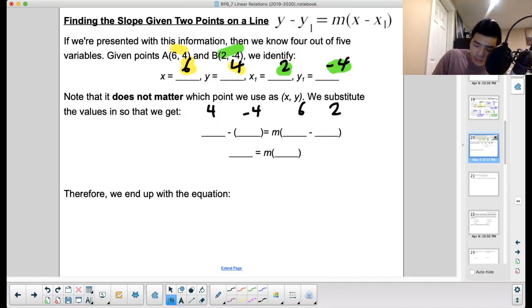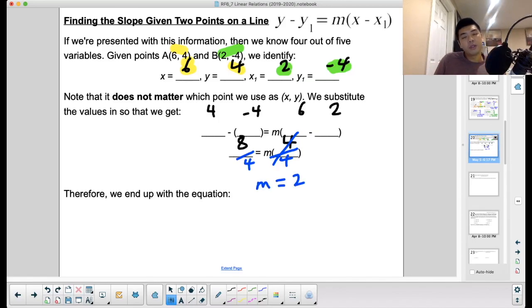So 4 minus a -4 is a positive 8, is equal to m times 6 minus 2, which is 4. So I have 8 is equal to m times 4. I'm going to divide both sides by 4 so I can figure out what m is. I get m is equal to 2.